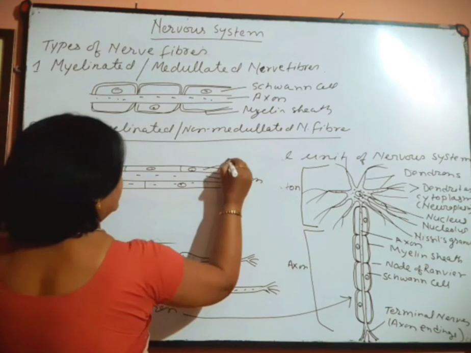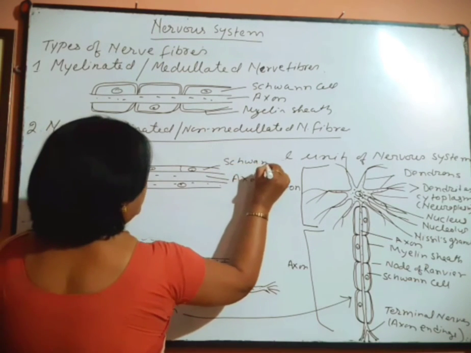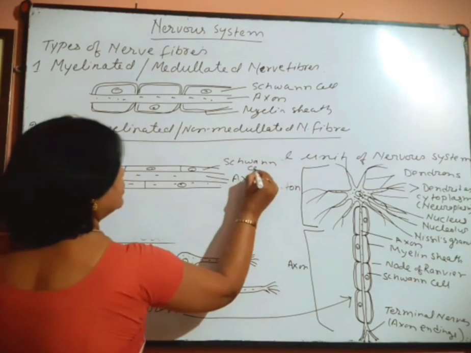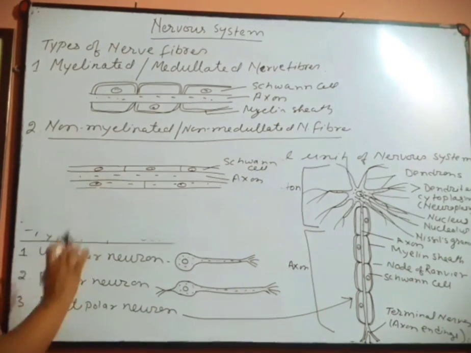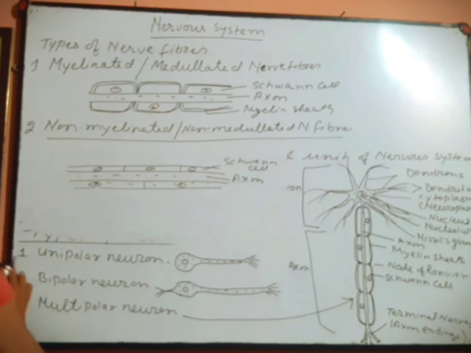Axon and Schwann cell. But in this, the myelin sheath is absent.